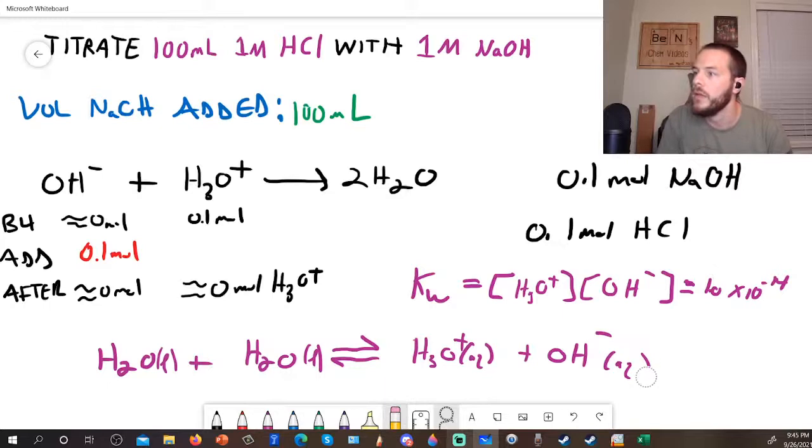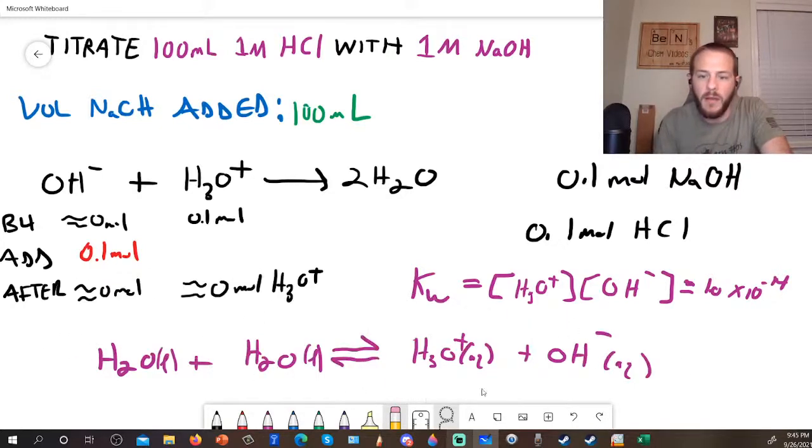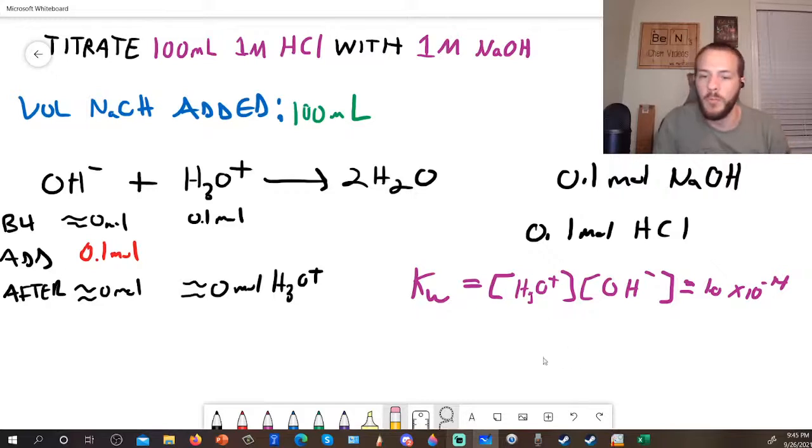And let me just erase this equation right here so I can give myself a little bit more room. So now we know that the amounts of hydroxide ion and hydronium ion are equal in a neutral sample of water.